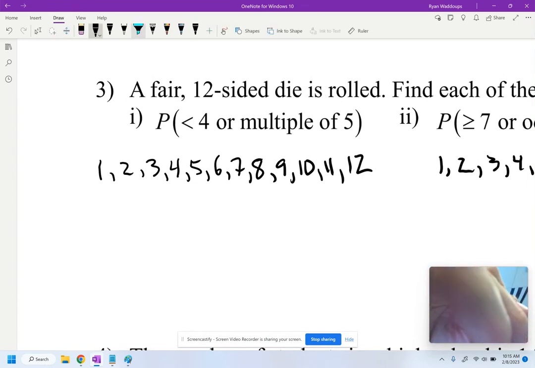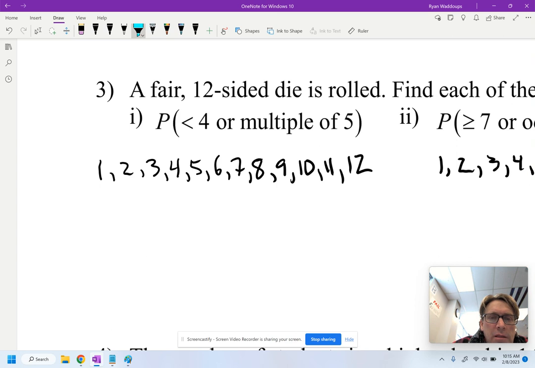Less than 4 are the numbers 1, 2, and 3. 4 is not less than 4. If it had a little equal sign underneath it, then 4 would be included. But since it just says less than 4, it's just numbers 1, 2, and 3. Multiple of 5 would be 5 times 1 is 5, and 5 times 2, 10.